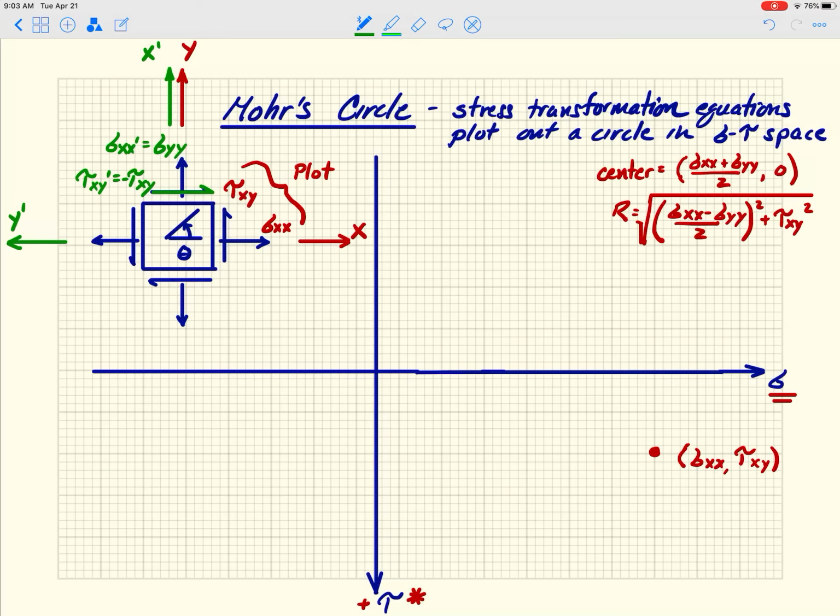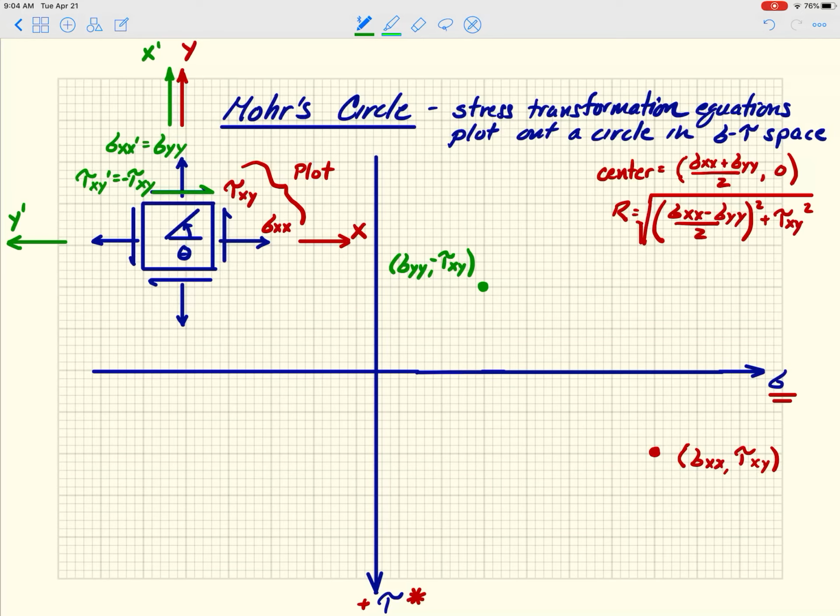So this is about the only thing that you can sort of screw up. If we are going to plot this, this point is here. And what that point actually is, is sigma yy, minus tau xy.